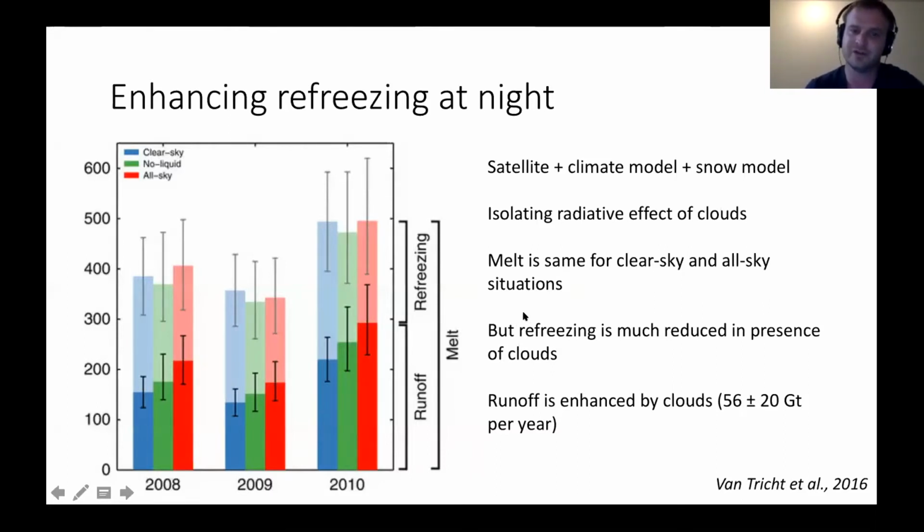And the reason for that is that although the amount of melt is the same, there is a reduction of the amount of refreezing, especially in parts of the day where the sun is low, during the evening, during the night, when the longwave cloud effect is dominating. And this is a very substantial effect. This is 56 plus or minus 20 gigatons per year additional runoff attributed to clouds.